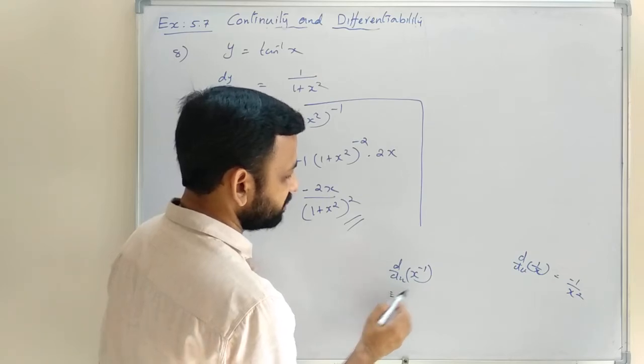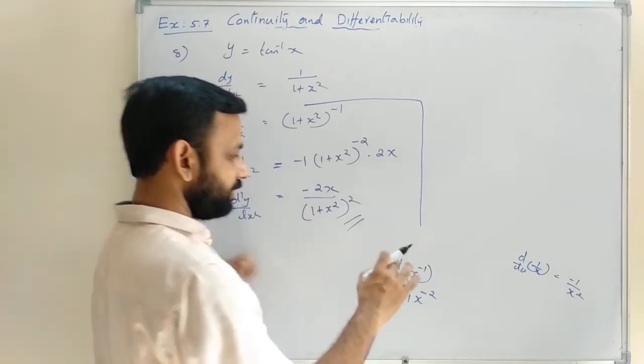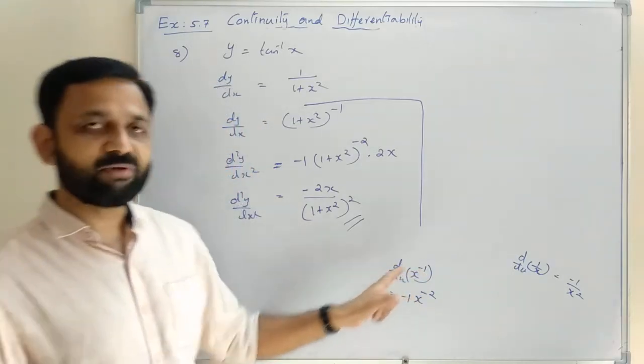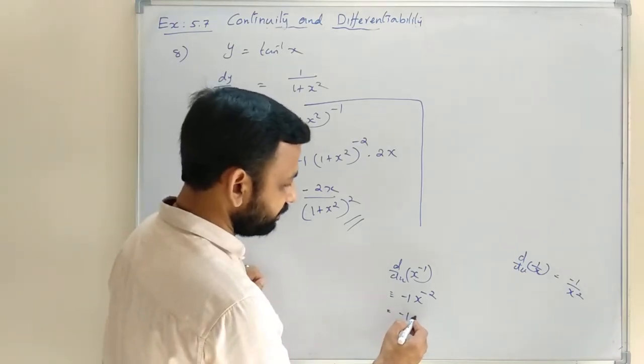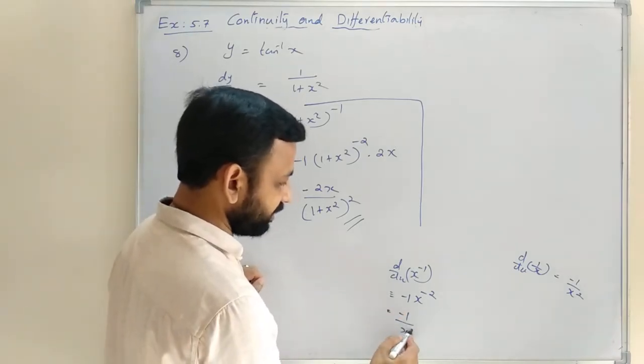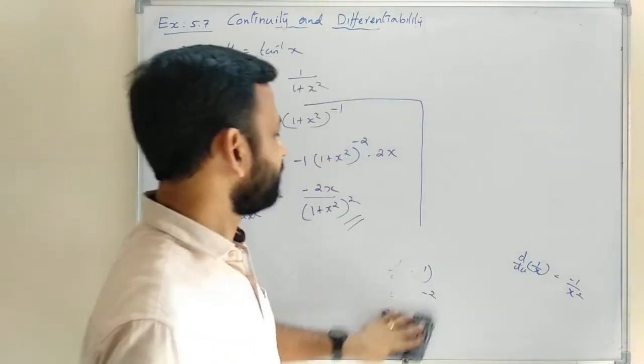By the n x raised to n minus 1 formula, that is minus 1 into x raised to minus 2, that is minus 1 upon x square. So d by dx of 1 upon x is equal to minus 1 by x square.